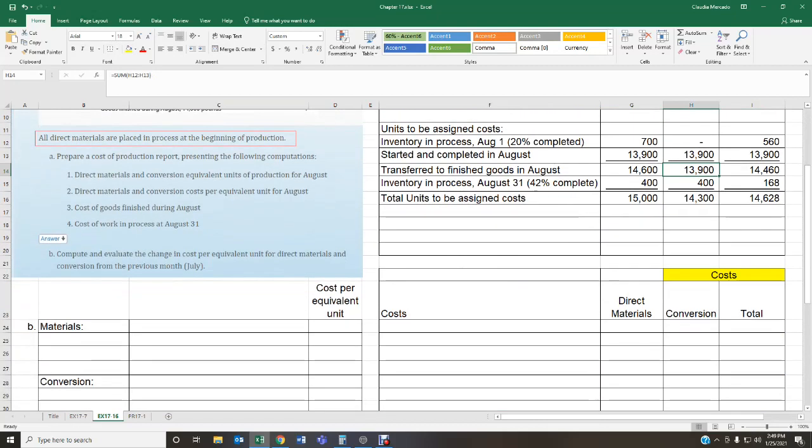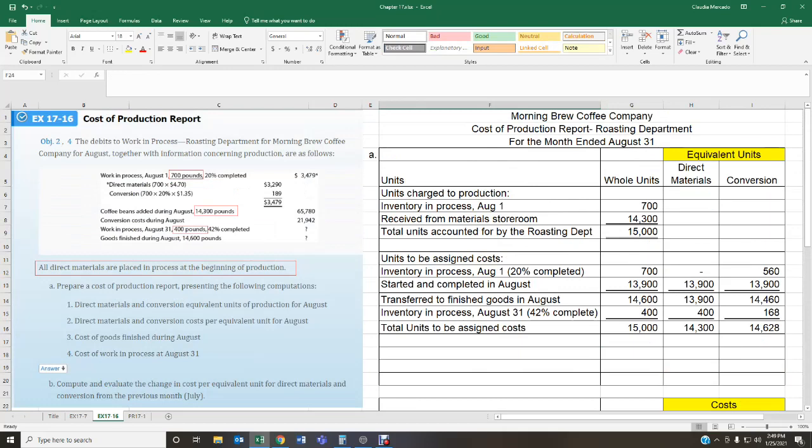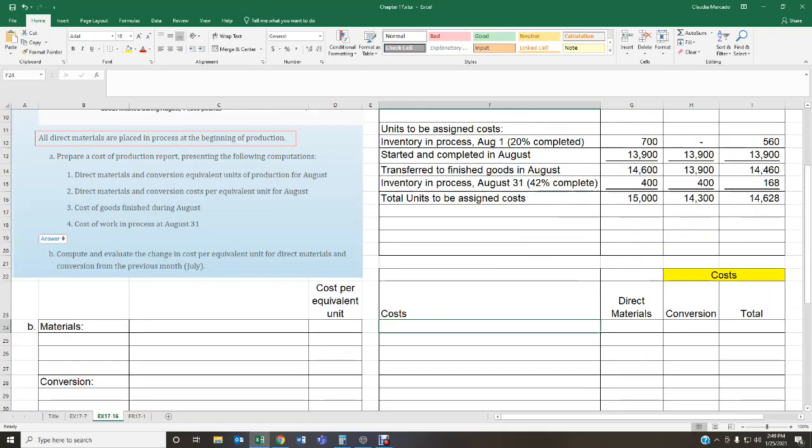Okay? So, now for the cost component, we're going to use the information that we just calculated, and we're going to use that down here to do some calculations. So, for the cost, we've got costs per equivalent unit. Okay? So, we've got the total cost for August in roasting department.